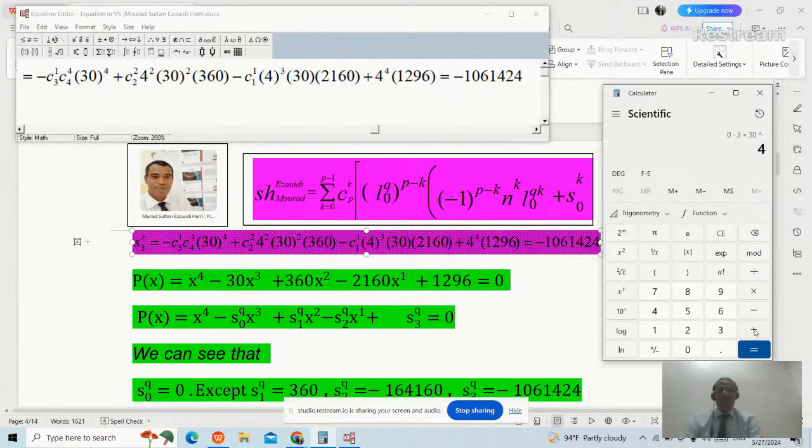Plus, learners, 2 choose 2 is 1, plus 4 squared, 16 times 30 squared times 360, plus 16, which is 4 squared, times 30 squared is 900, times 360. Okay, just a moment, boys. I will repeat again. We said negative 3 times 30 raised to the power 4.